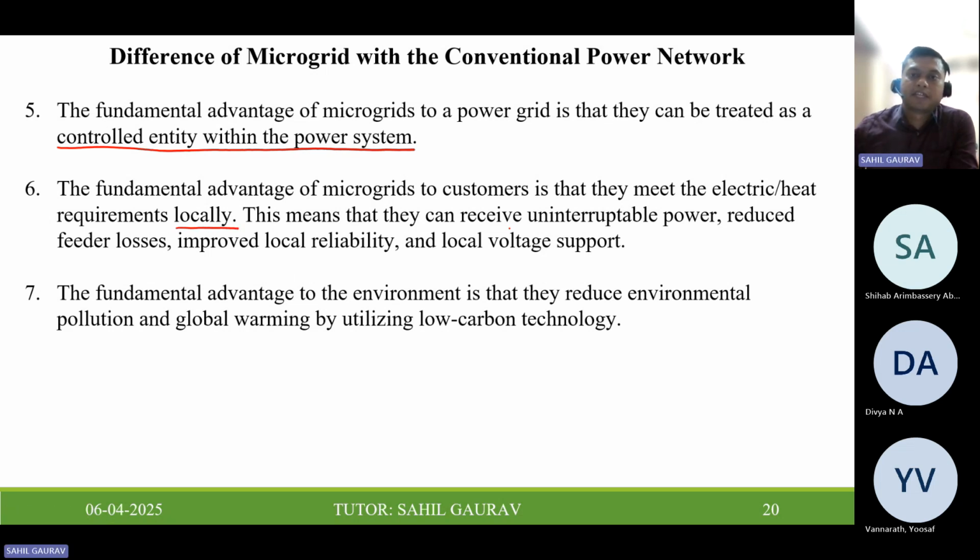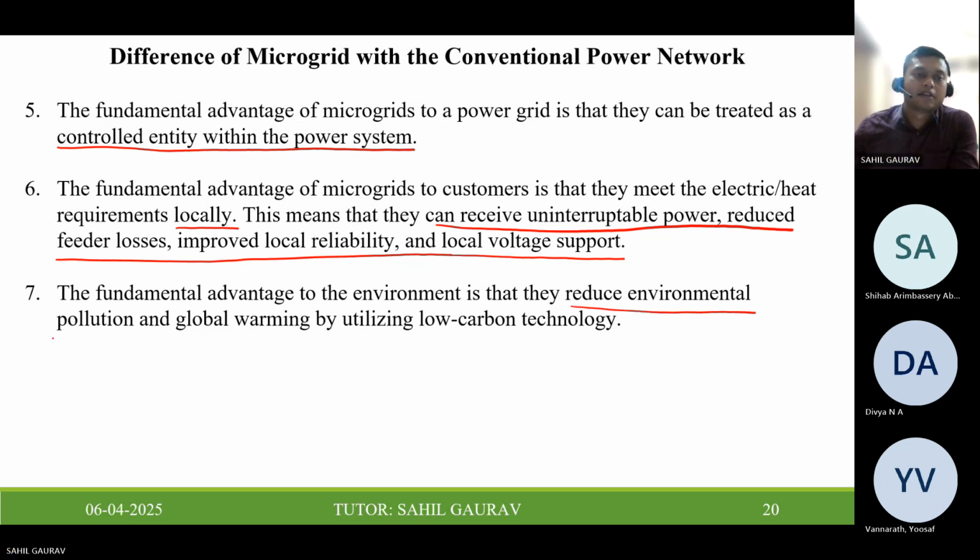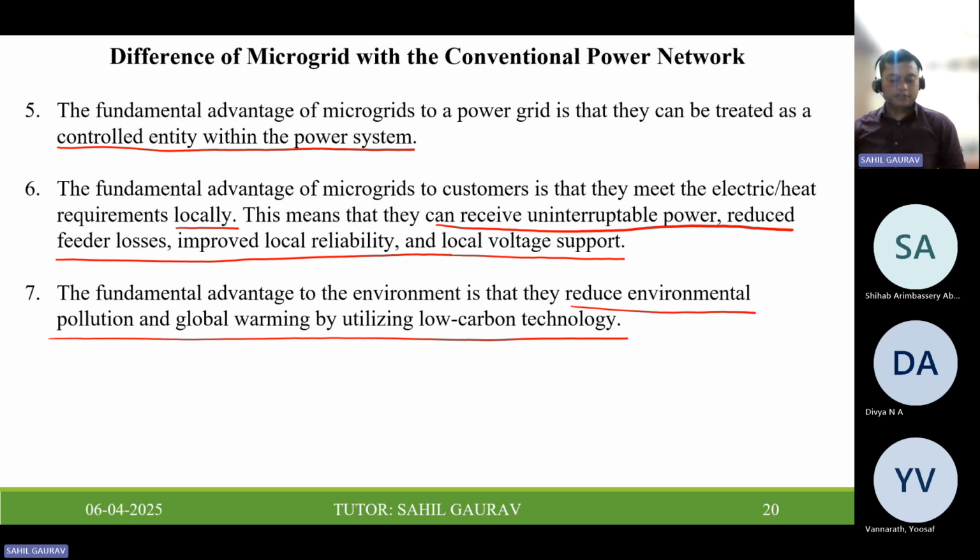They can provide uninterruptible power, reduced feeder losses, improved local reliability because they have another power supply at the local end, and local voltage support. Another advantage is that they reduce environmental pollution and global warming by utilizing low carbon technology.